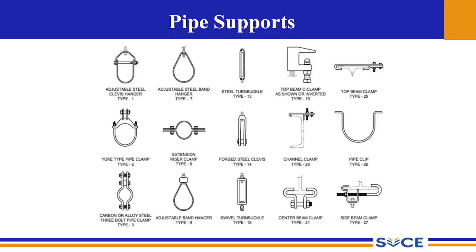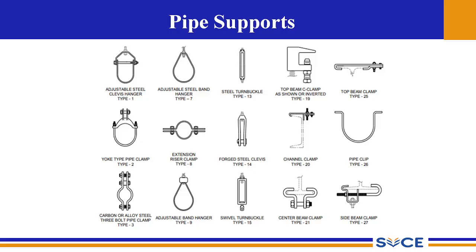Next, type 14 is a forged steel clevis. The forged steel clevis is providing an attachment of a threaded rod to a bolted or a pinned connection. So the steel clevis is used for threaded rods, and the steel turnbuckle is also used for one left hand internal threaded and one right hand internal threaded end.